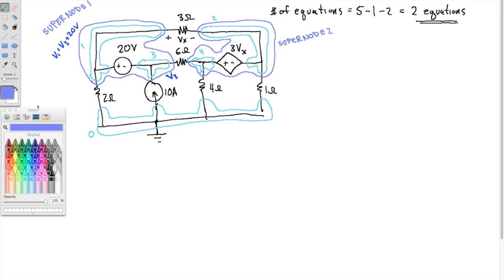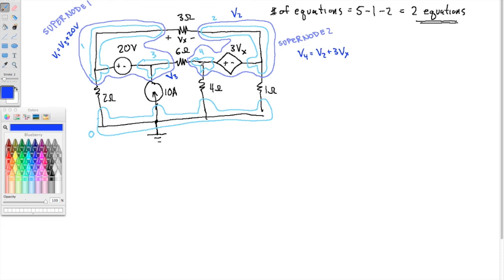All right, and again, I'm going to call the voltage here at node 2 my unknown. And the voltage at 4, V4, that's 3Vx. So I'm running out of space here, so I'm going to write it right here. V4 is V2 plus 3Vx.